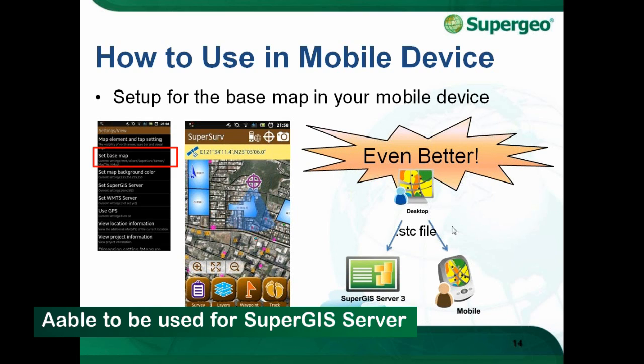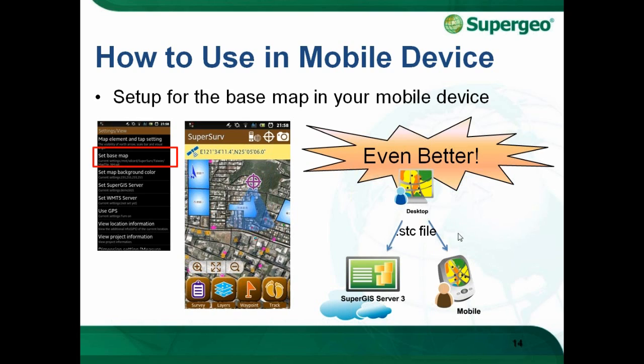Even better, the STC file can be used not only in desktop and mobile, but also in our SuperGIS Server. So one file can be loaded in our solutions, desktop, server, and mobile. So it's really useful for users to display their data.